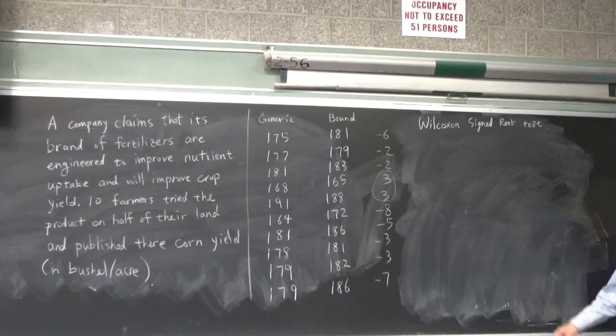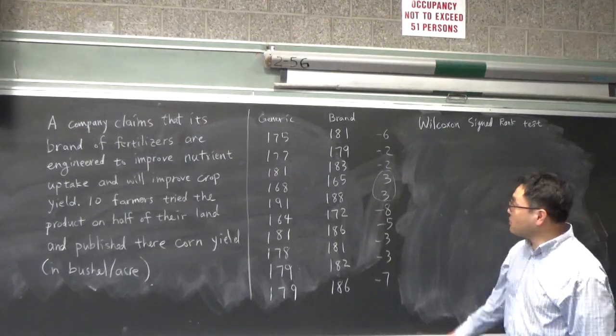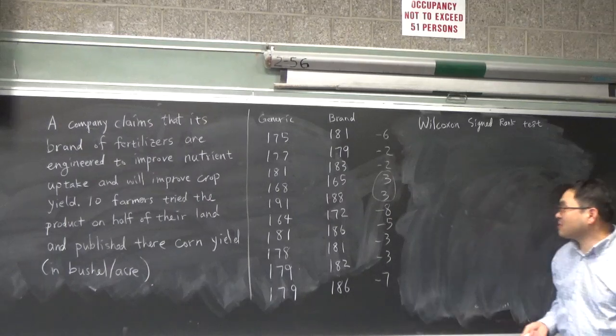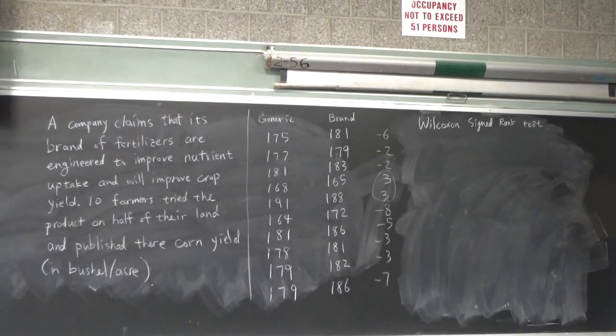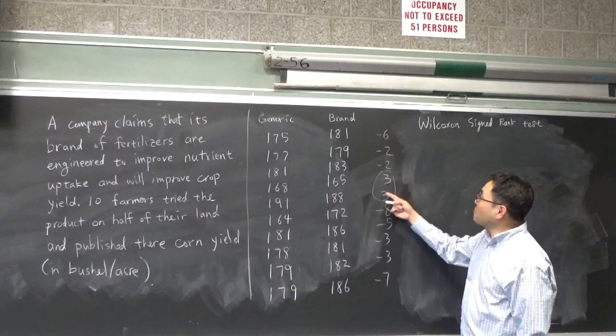We just did the sign test, and although the sign test itself kind of makes sense, there is something that leaves us wanting. Even if these were positive, it's not very positive, right?